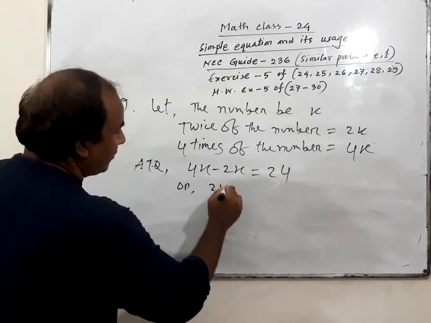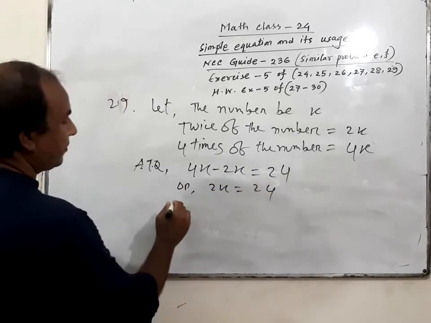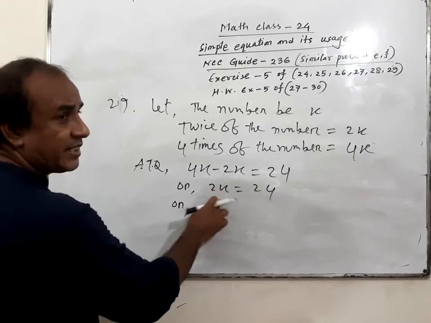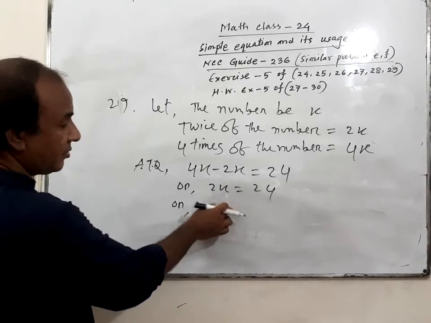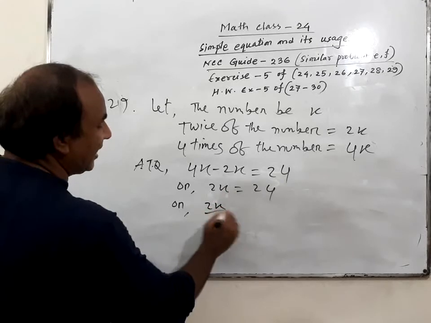So 2x equal to 24. 2 and x are multiplying each other, so we have to divide by 2 on both sides.